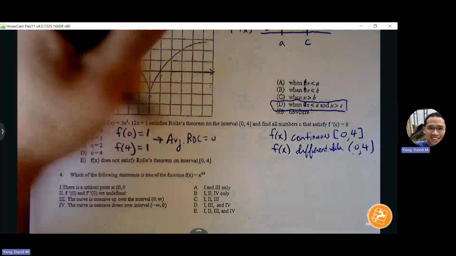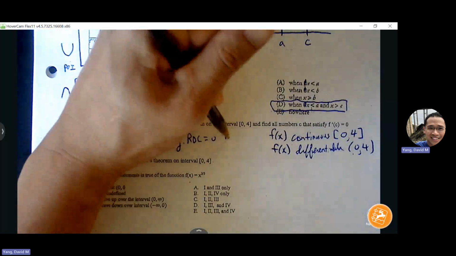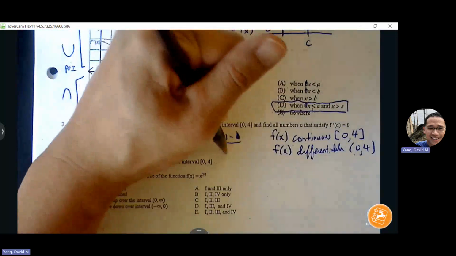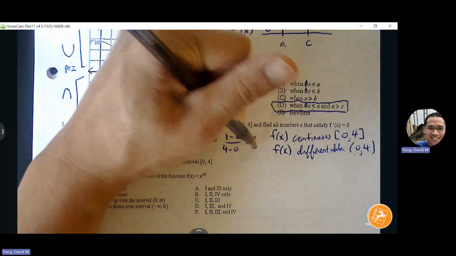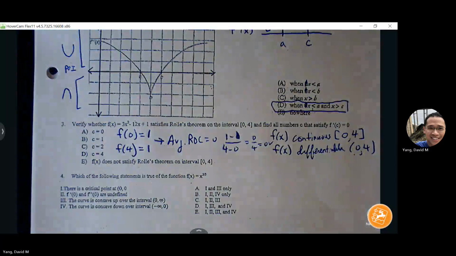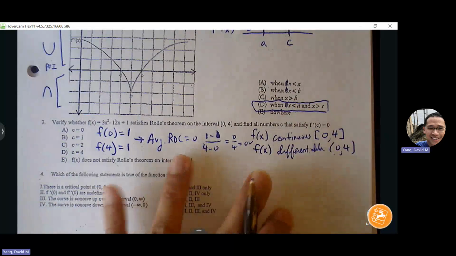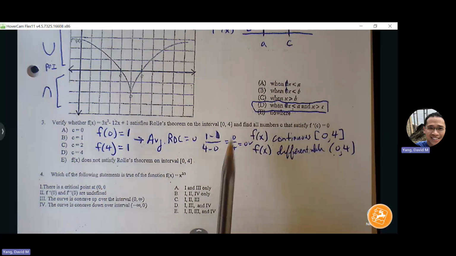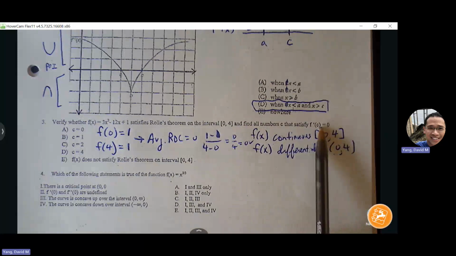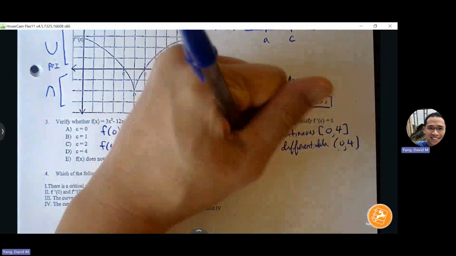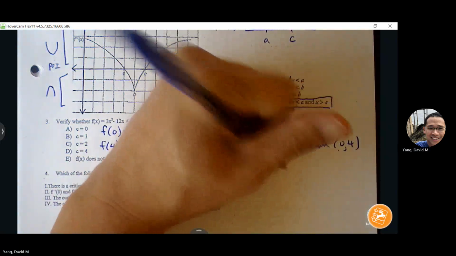And if you want to convince yourself of that, just go through the slope formula, right? 1 minus 1, sorry, change in y over change in x. So 0 over 4 is 0. Okay, so now it's a guarantee, right? There must be a place on this curve where there's a slope of 0 between 0 and 4. We can just set f prime equal to 0 and solve for c. f prime is easy, power rule.